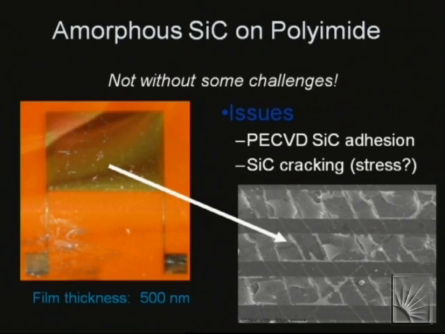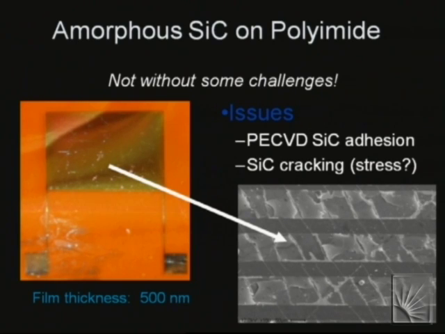And we're asking ourselves whether this cracking is related to stress, and most likely, yes, it is, because we didn't have a mechanism at our disposal to relieve that stress other than annealing at perhaps 450 C. And those who know polyimide know that 450 C is at the upper bound of where you'd want to take that. Likely it would be stuck to your holder when you pulled it out of the annealing furnace. So we've got stress-related issues to deal with.